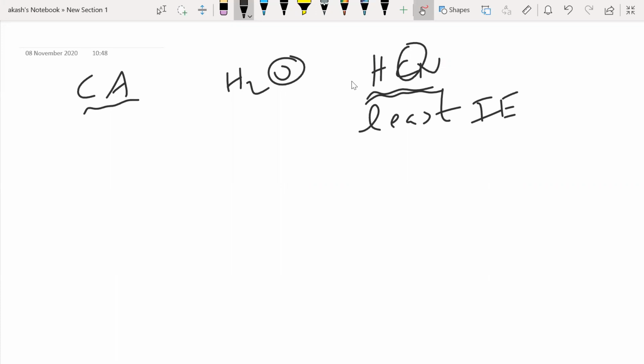Okay, so this being understood, now I'll give you the trick. There is one number which will help me find out the hybridization, and that number is called the steric number.